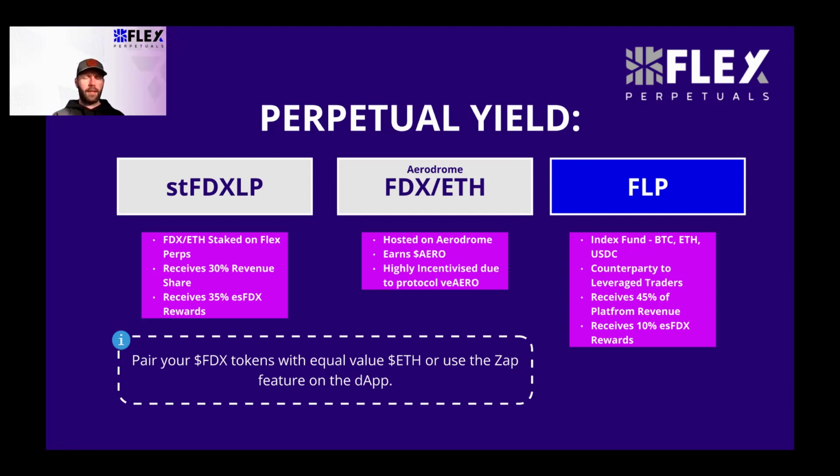But the FLP doesn't have any impermanent loss, okay, because you're in this index fund rather than a liquidity pool, and you will get 45% of the platform revenue plus some of those ESFDX rewards as well.